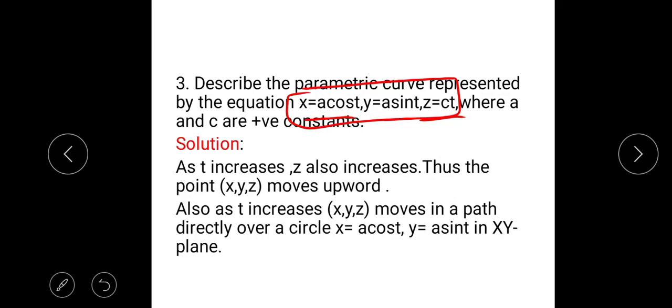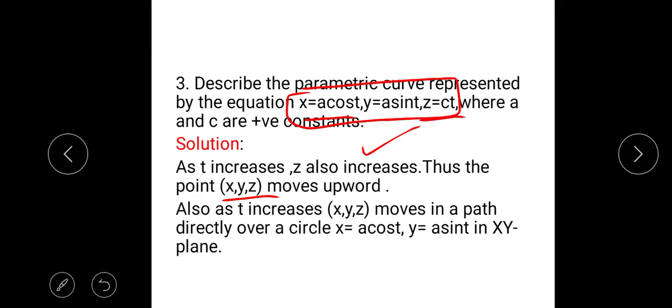Now look at the third equation, z is equal to ct. As t increases, what about z? Since c is a positive constant and z is equal to ct, z also increases. So as t increases, z also increases. Thus, the point x, y, z moves upward.